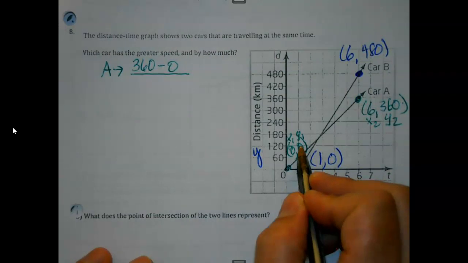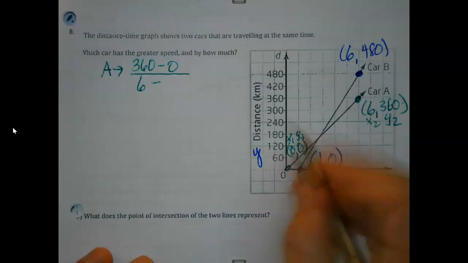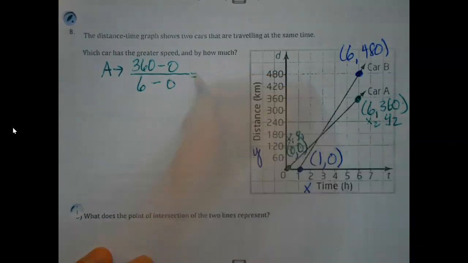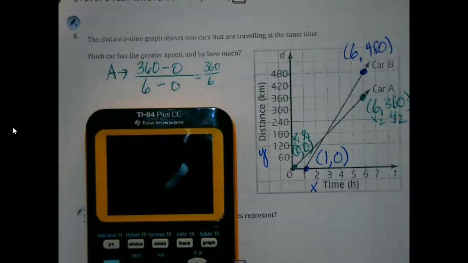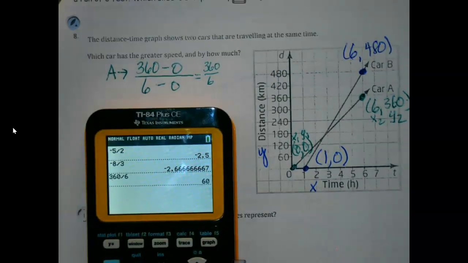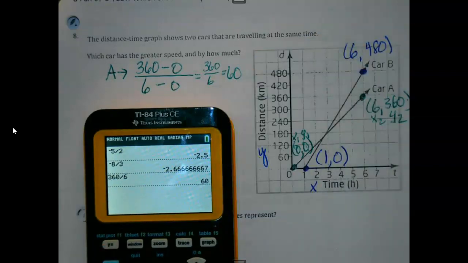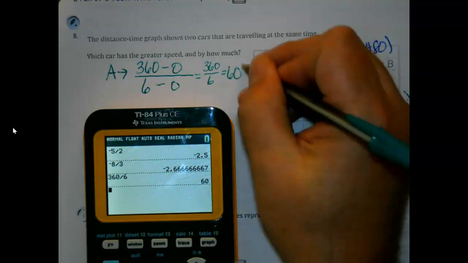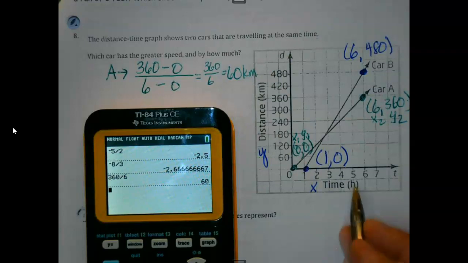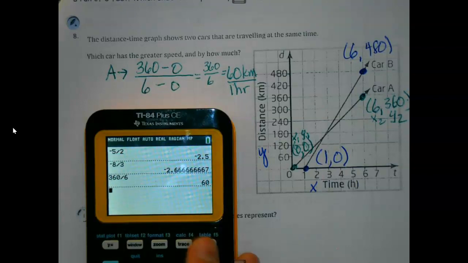We just had to figure out the 2 points. x2 minus x1. Let's see here. 360 divided by 6 is 60. Again, labels: 60 kilometers per 1 hour. So car A was going 60.